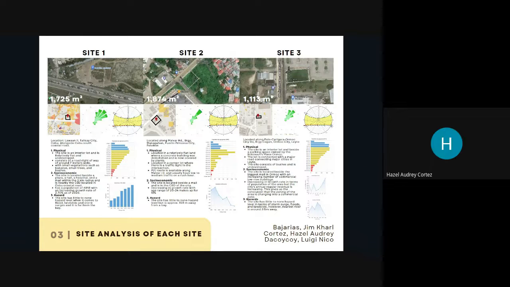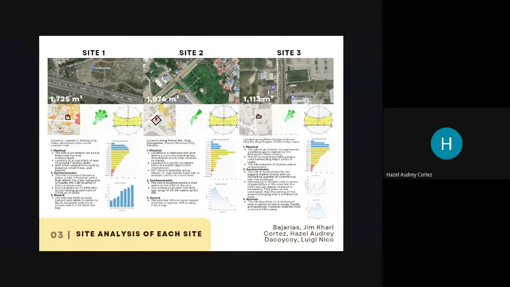For Site 2, it is located along Malvar Road, Puerto Princesa City, Palawan. It is on a lot where a concrete building was demolished 4 years ago, and it's a corner lot with a traffic light at the intersection. The road right of way has a PUJ route and usually has low to medium traffic in rush hours.